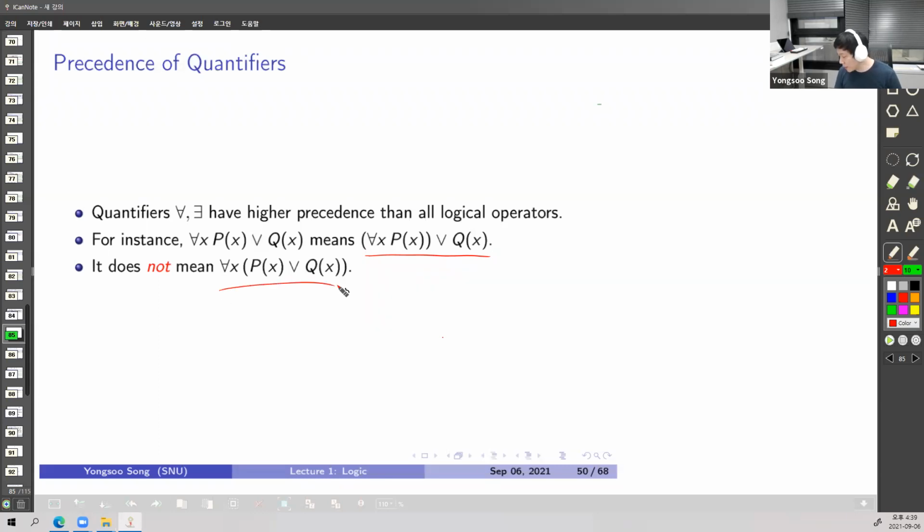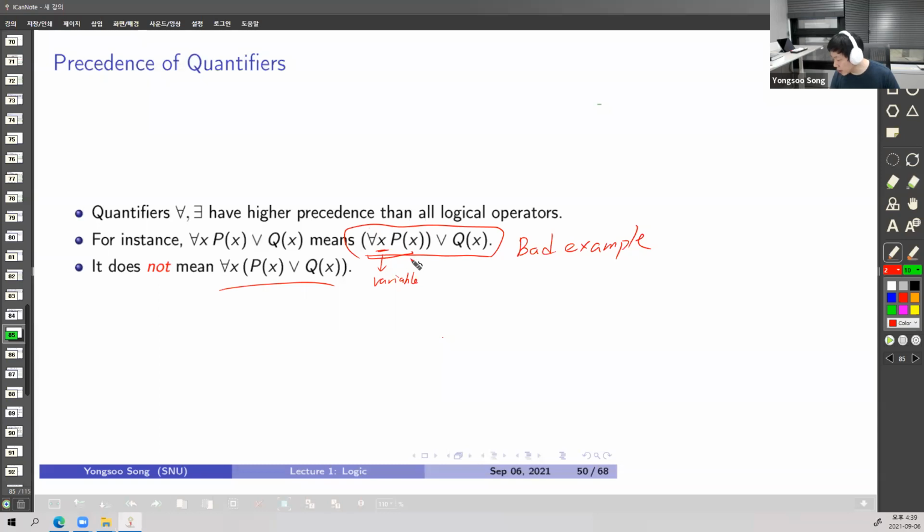But in fact, this is a really bad example of constructing a compound proposition. In fact, this is not even a proposition, because x in this term is a variable, but we already used this universal quantifier.